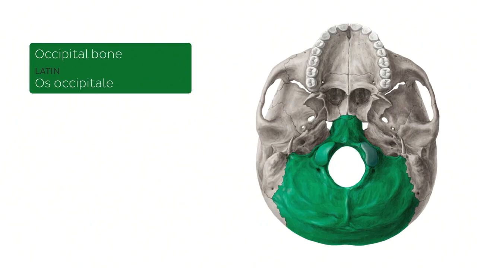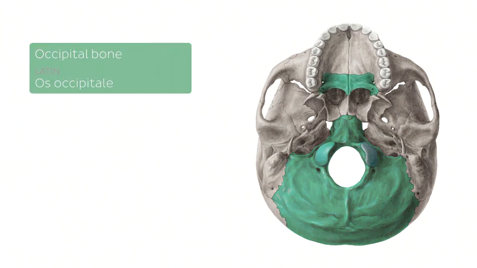Now, the occipital bone is divided into a few parts that we're not going to discuss in this tutorial, but they're all arranged around this large foramen known as the foramen magnum, and we're going to talk about it later in this tutorial.